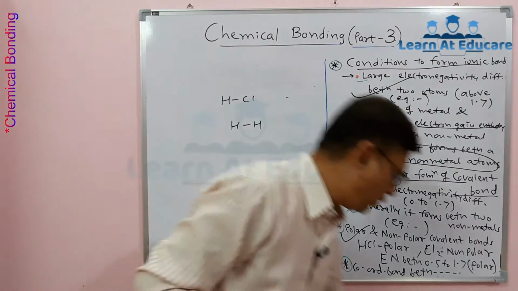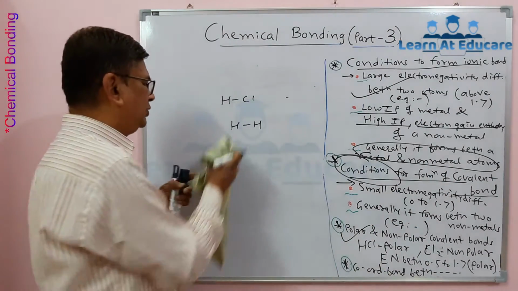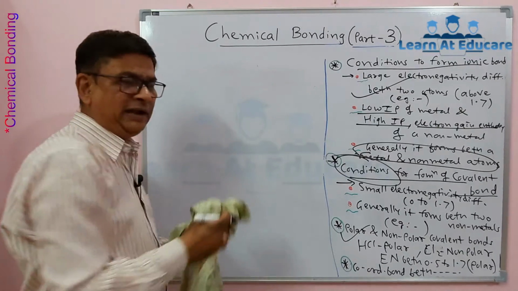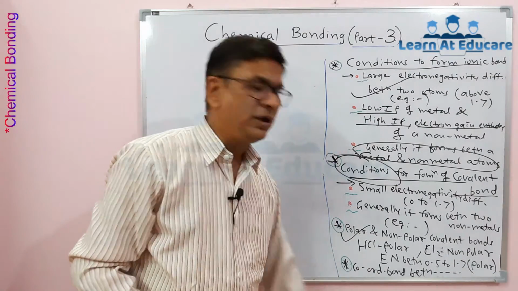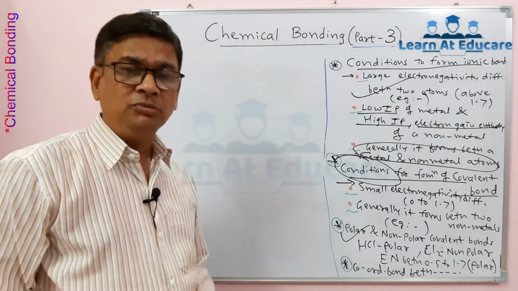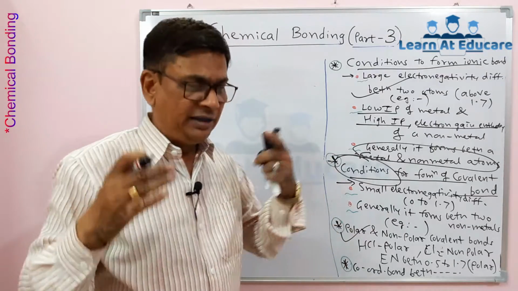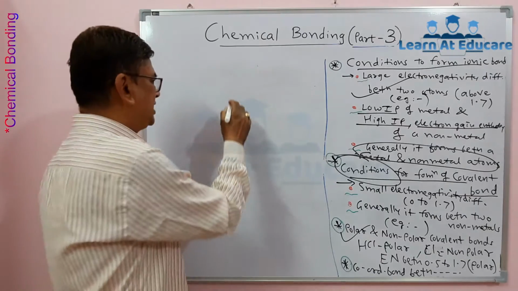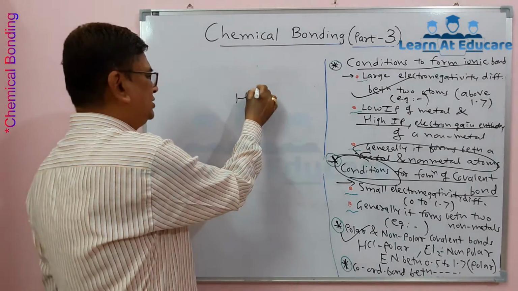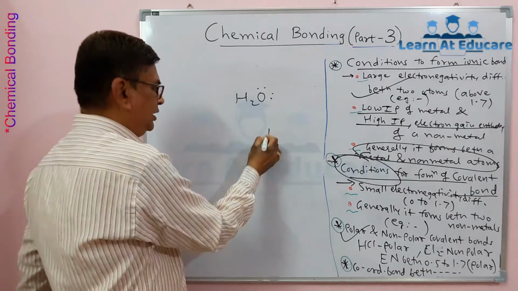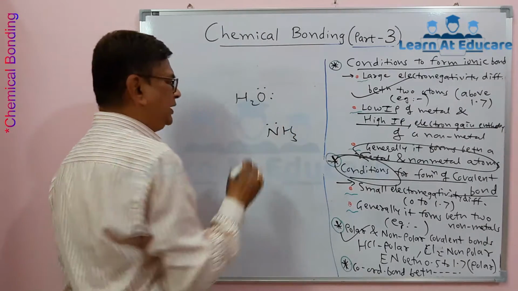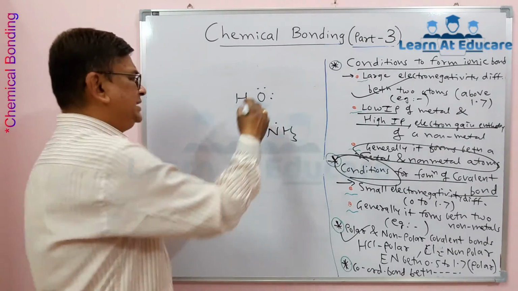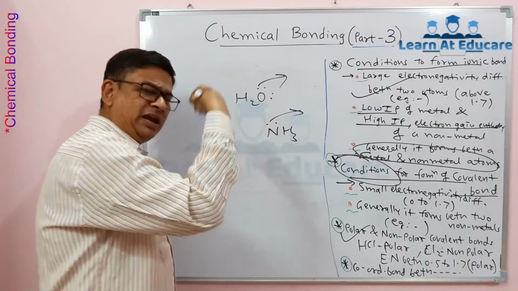The formation of a coordinate bond is possible only if one of the atoms is an electron donor, which means it should be electron rich, and electron rich means it should have a lone pair of electrons. For example, water has two lone pairs on oxygen, ammonia has one lone pair on nitrogen, and such electron pairs can be donated.